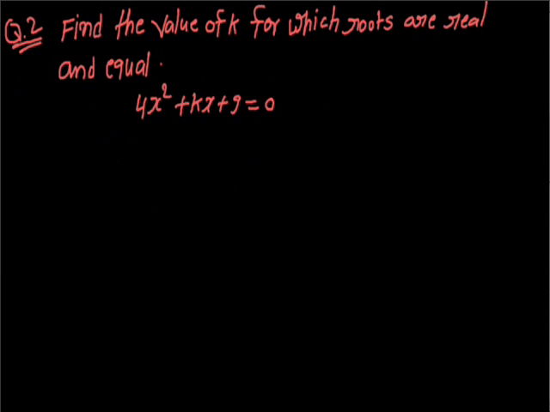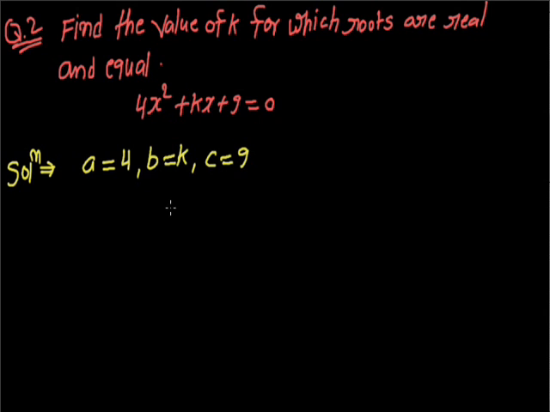Okay, so come to the solution of this question. Now again we will compare this equation with the standard quadratic equation. So the coefficient of x square, that is a, is equal to 4, the value of b is equal to k, and the value of c is equal to 9.